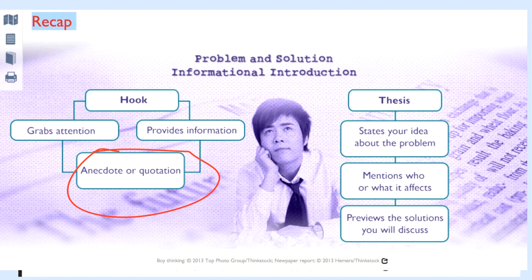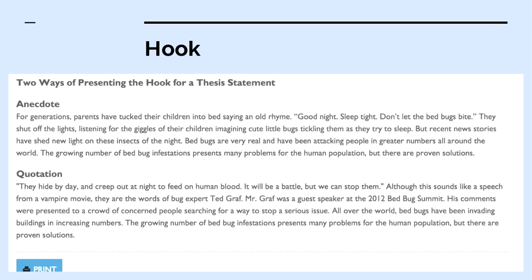And you can see in the example that we looked at before for the background information, they took the quotation and explained who it was from, Mr. Ted Graff, and that it was a serious issue. So they used that, the background information, to bridge between your hook and your thesis.